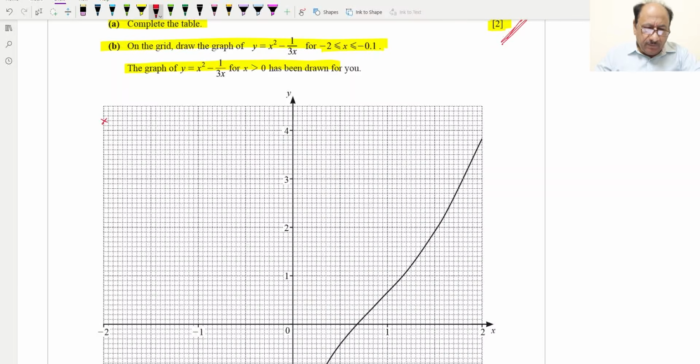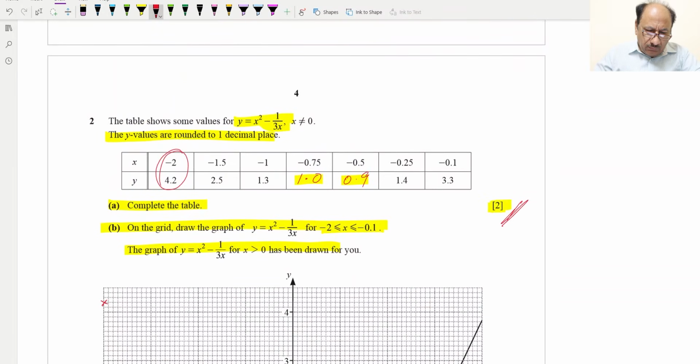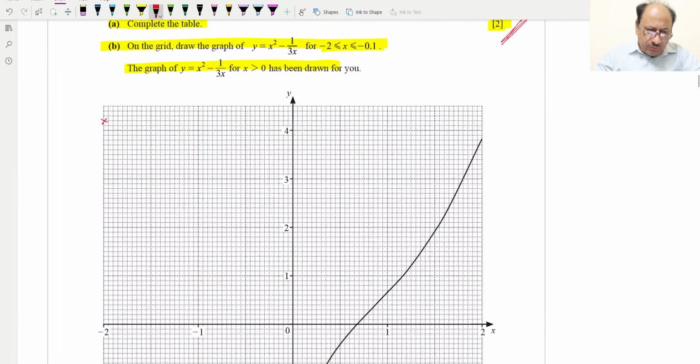Hopefully you are understanding. Then minus 1.5 and 2.5. 1.5 is this one, and 2.5 will be 1, 2, 3, 4. This will be 2.5. So we got the second point as well.